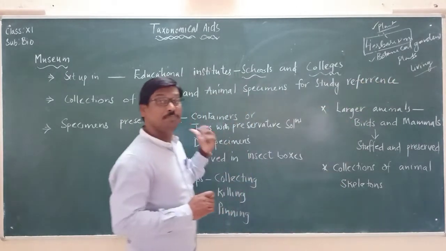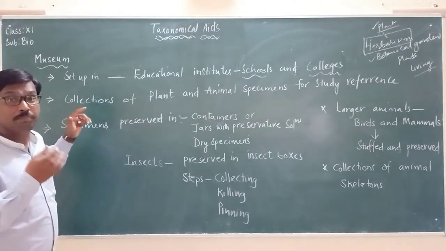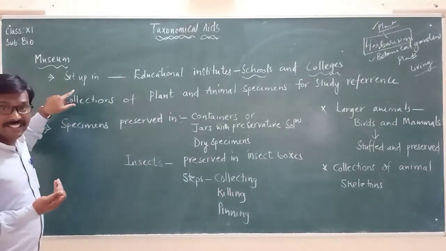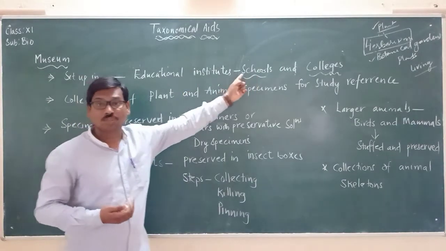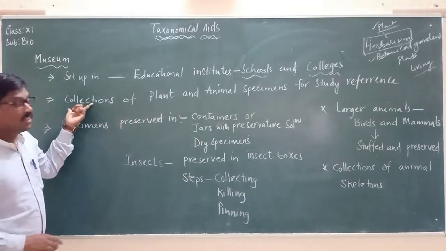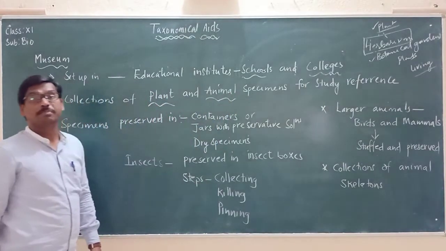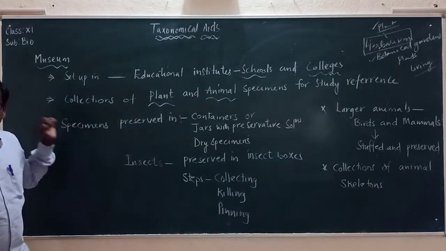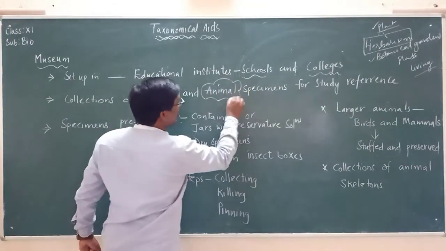But in museums, which we call biological museums, set up generally in educational institutes such as schools and colleges, this is the point: they have a collection of plant and animal specimens. In museums we come across both plant and animal specimens.